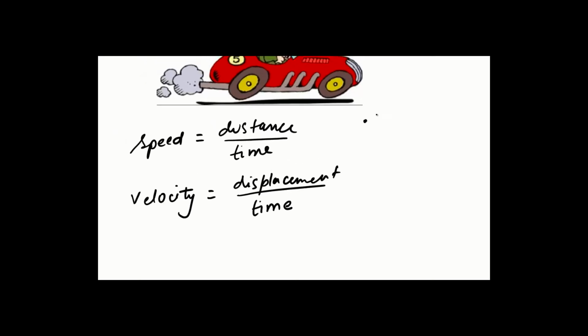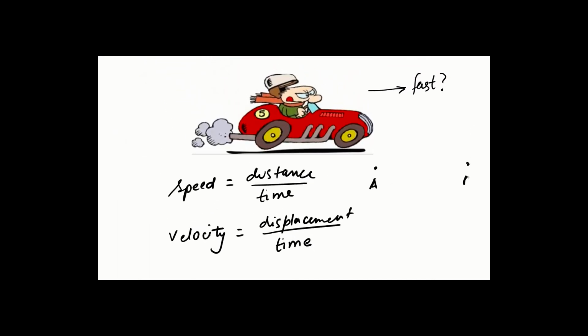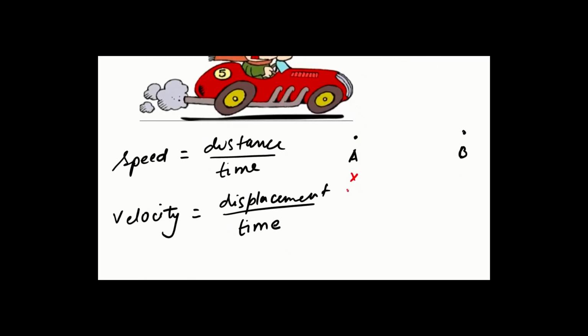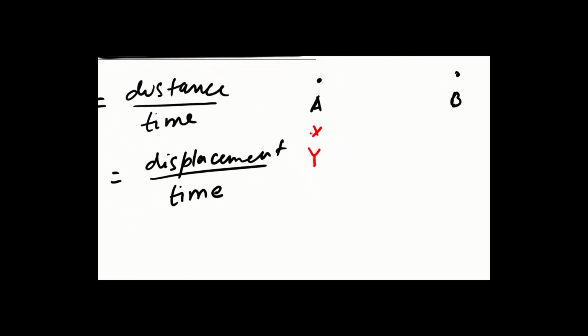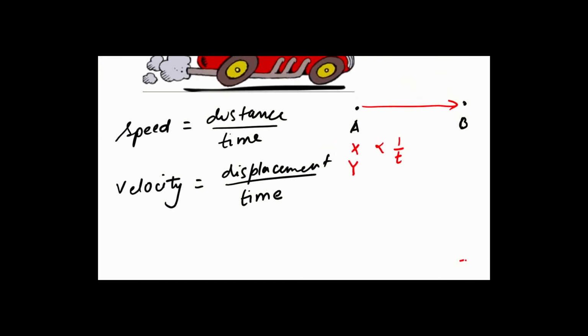So let's assume there is a race from point A to point B, and there are two guys, let's say X and Y. If X travels the same distance in lesser time, then X is traveling faster. So fastness must be inversely proportional to time, isn't it? Simple. Second race would be, let's say they both have to travel for the same time and see who's traveling more distance.